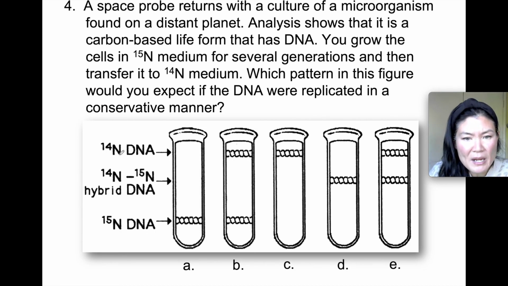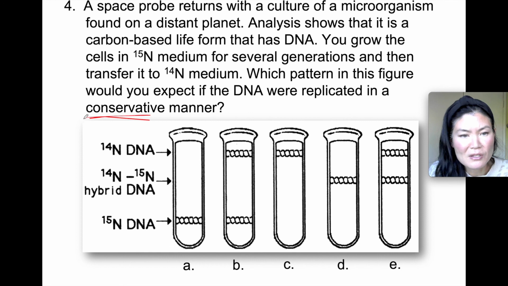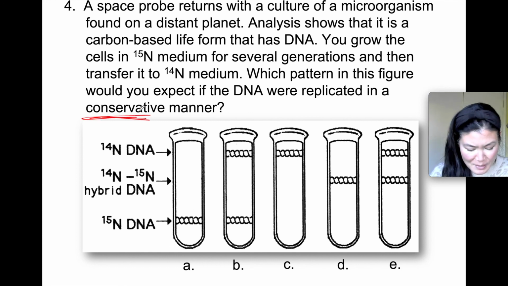Okay, so this goes back to the Meselson and Stahl. Oh no, it actually doesn't, because this is asking about conservative. A space probe returns from a distant planet with a culture of microorganisms. Analysis shows that it is a carbon-based life form that has DNA. That would be really amazing if that was true.